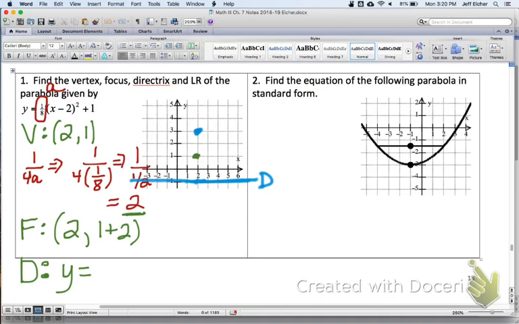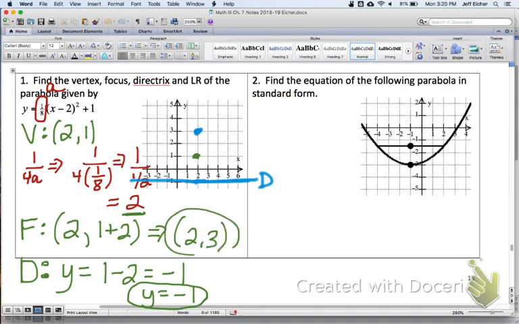And what's the equation of that line? Well, we took the y-coordinate of the vertex and subtracted 2. We went 2 down, so the equation is y equals -1. Make sure you write it as an equation. Don't just put -1, but do y equals -1. And then our focus is (2, 3). Okay, so we have focus and directrix.